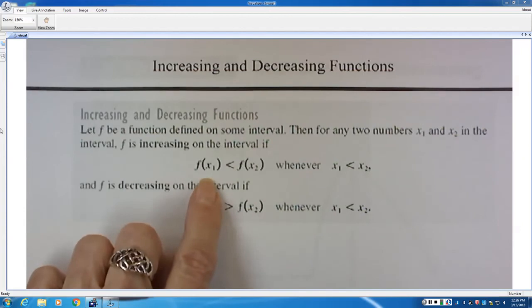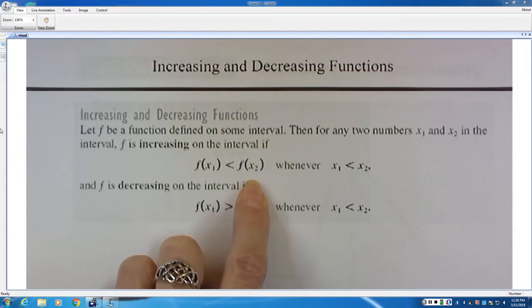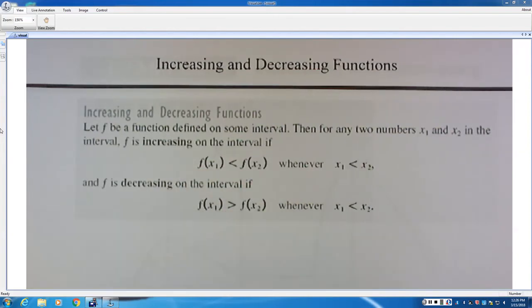Basically, all this says is if you move from an x value to another x value that's further up the number line, and the function value for the first x value is smaller than it is for the second one, in other words, for x1 you're here, and for x2 you're up here, that f of x1 is less than f of x2, then that tells you that the function's increasing.